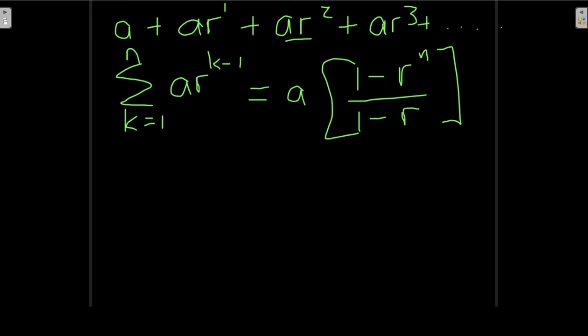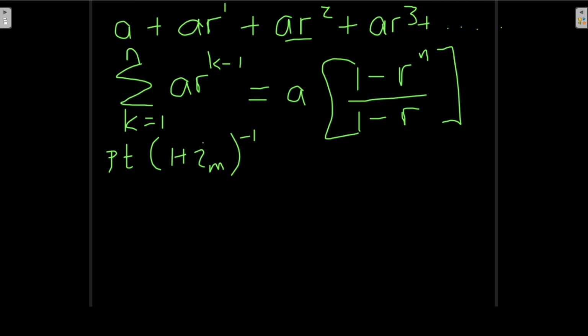Now, if you look at what we had in our example, for our first term we had the payment times (1 + i_m)^-1.